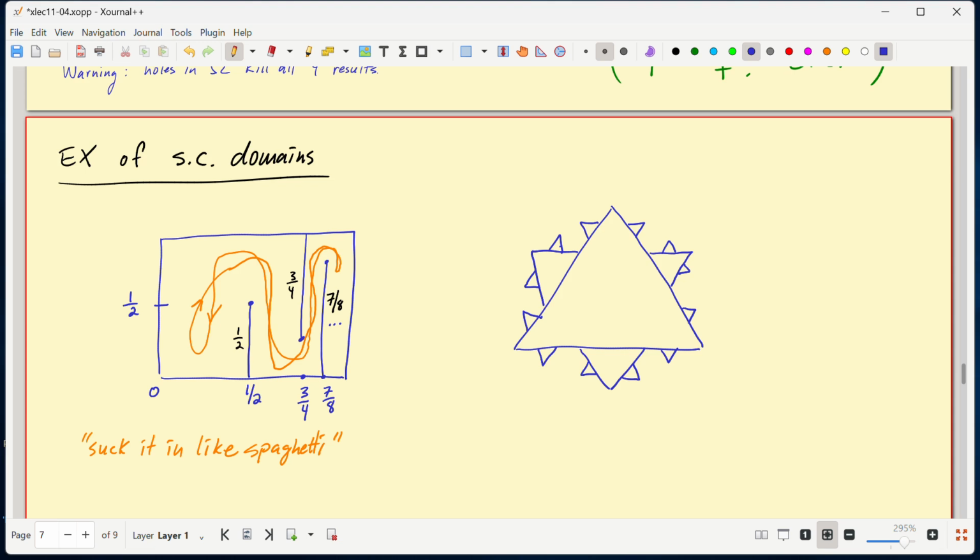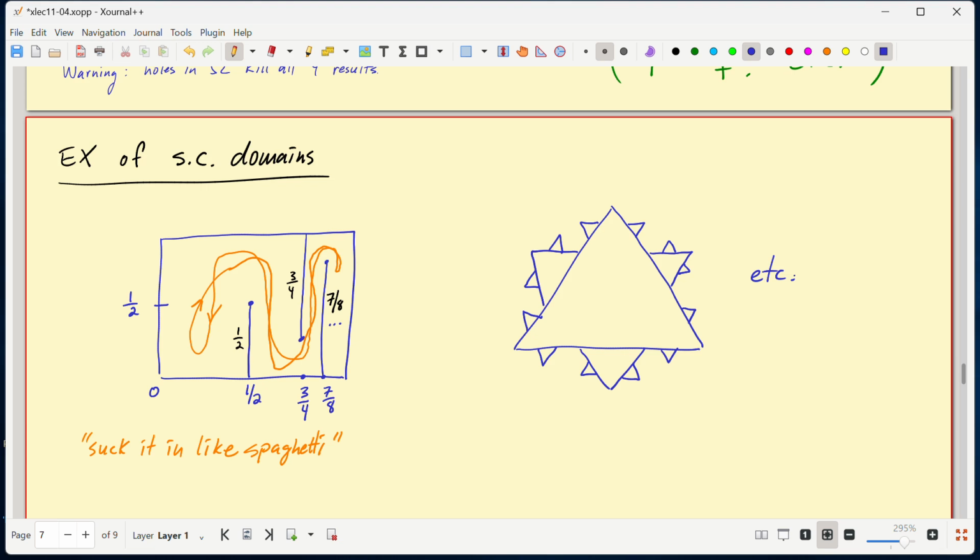So it'd be infinitely many of those, and you could squish it, just suck it in to the origin. Anyway, it's not hard to show with your bare hands that the interior of this thing is a simply connected domain.